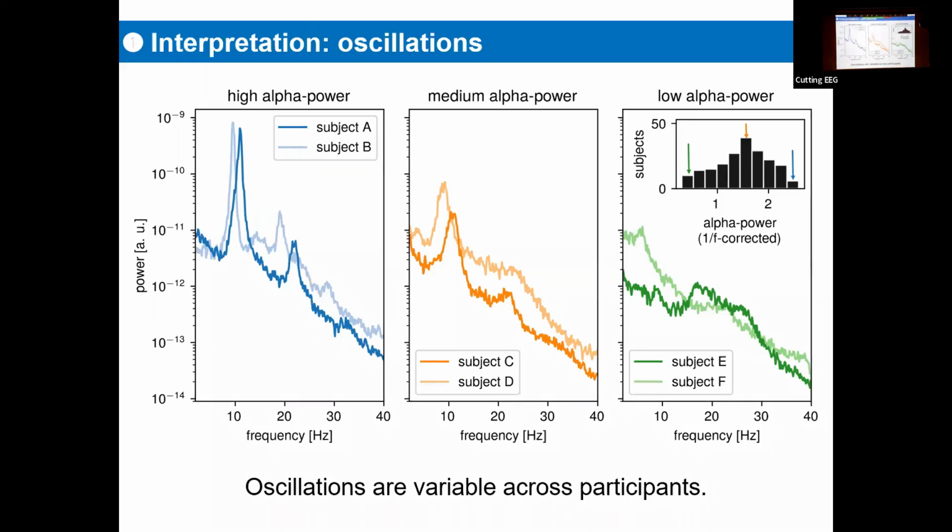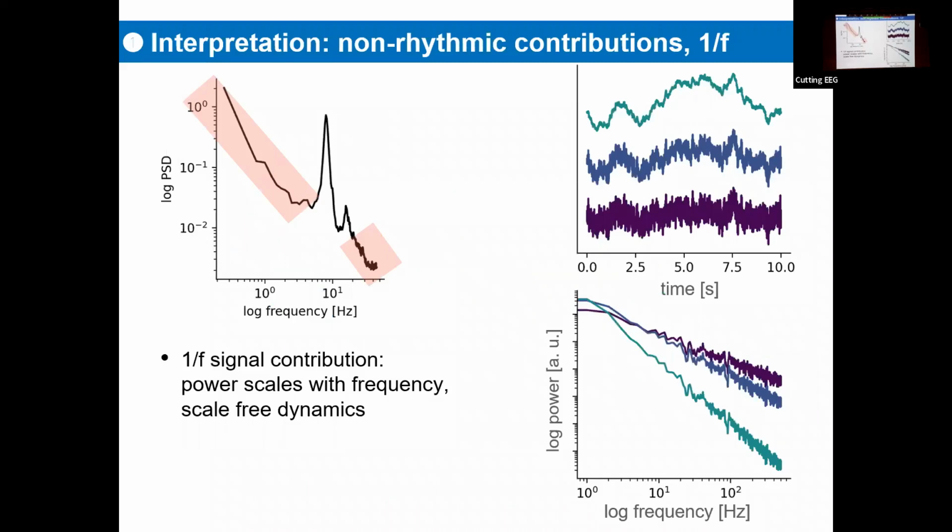What is remaining, even if you don't have an oscillation, is the 1/f component of the signal. That's a quite prominent part of many biological signals. If you take away the oscillation and just focus on these frequency bins, you will see that the power scales with frequency.